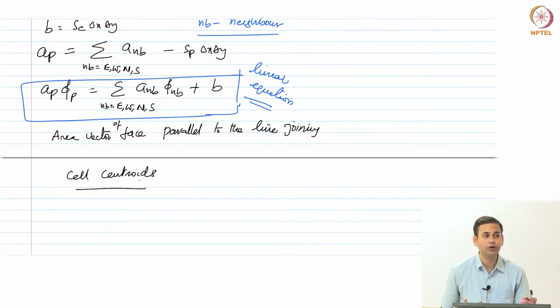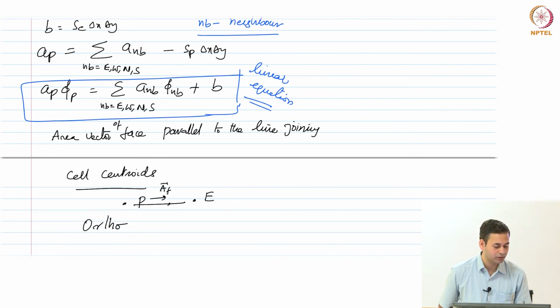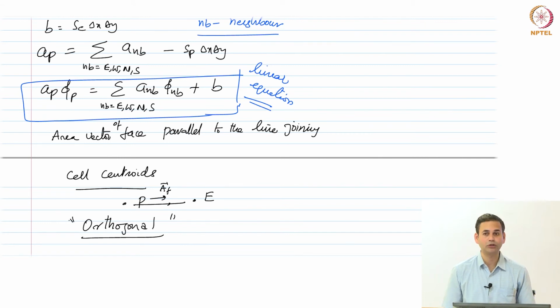If you draw a line between the P cell and the east cell centroids, this line is aligned with the area vector that we have. It is parallel. So, these kinds of meshes are known as orthogonal meshes. We will come to this a little later as we look at unstructured meshes. If these two are parallel, then we have an orthogonal mesh. As a result, you will never get these cross terms, they will always drop out. Otherwise, you end up with these cross terms as well. So, that is one thing we have to keep in mind.